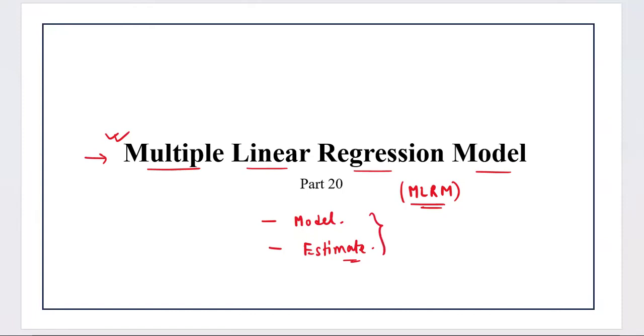So this is the agenda for today's video. In CLRM, if you remember, we had two normal equations and two unknowns, and we solved that. In this particular model, we'll also have normal equations. They will be more in number, and the calculation will be a little more complex. So let us see how we can go about it. Let's start with the model.